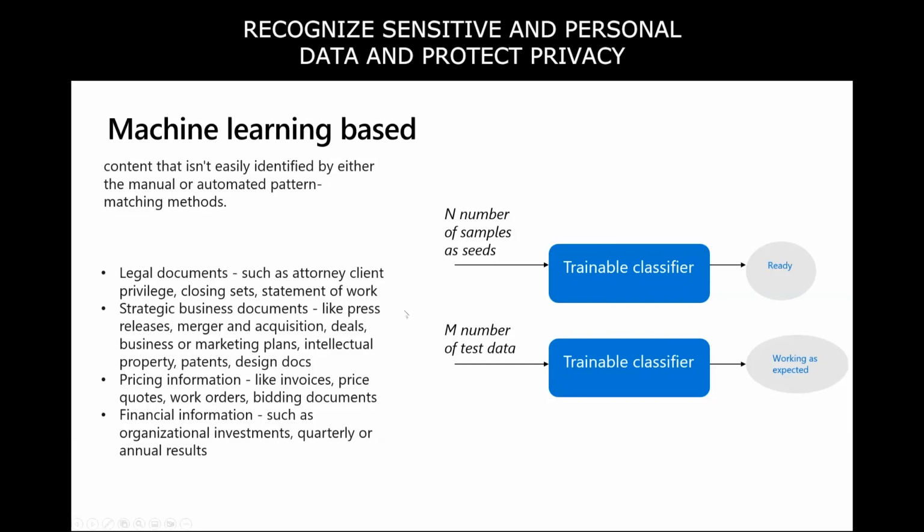So for invoices or price codes or some work orders, it will try to find a match at some percentage, and you can select the threshold, whether you are comfortable taking from 80% and upward as your sensitive information, or you can go ahead and see whether those are really your sensitive information or not.